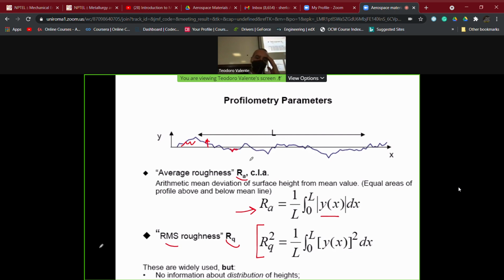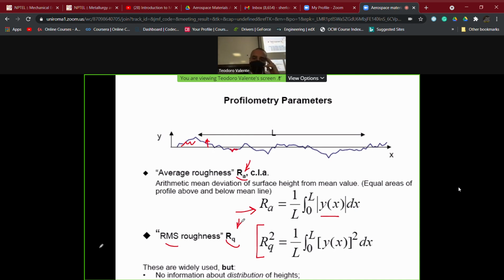And so these two figures, Ra and Rq, give us an indication of the topography of our surface on the y axis.